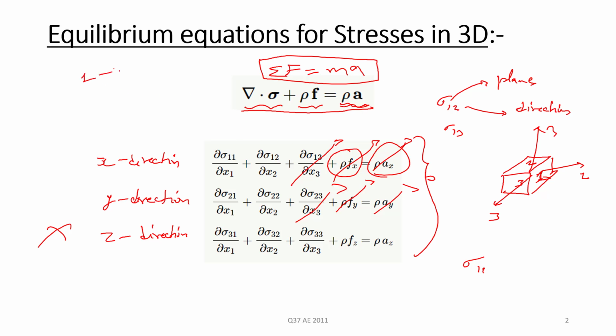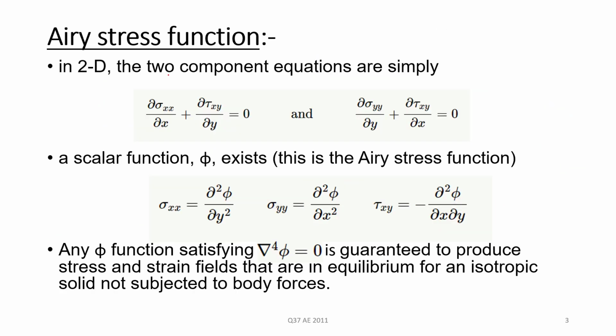If 1 is written as x and 2 is written as y, and sigma 12 equal to sigma 21 equal to tau xy, our equations can be written as dou sigma xx upon dou x plus dou tau xy upon dou y equal to 0, and dou sigma yy upon dou y plus dou tau xy upon dou x equal to 0.